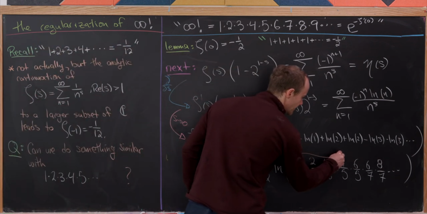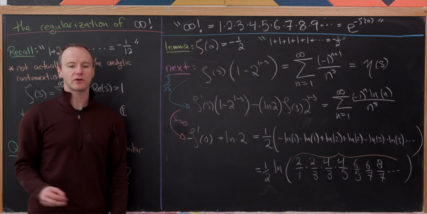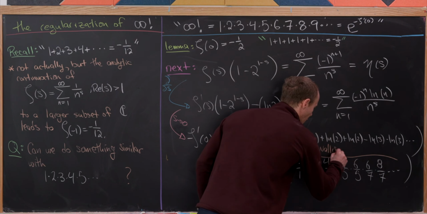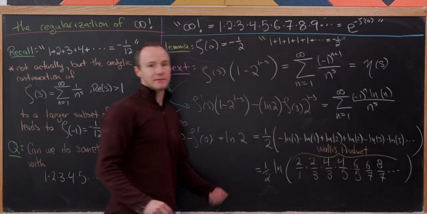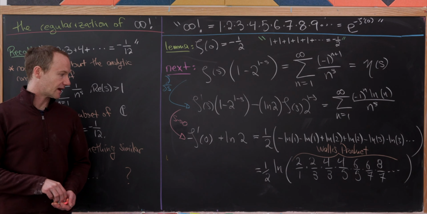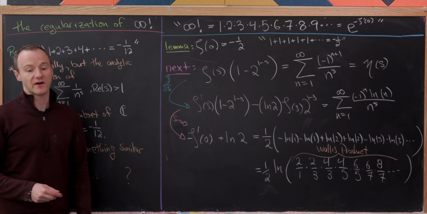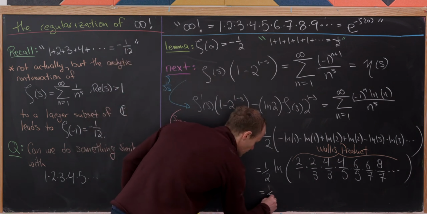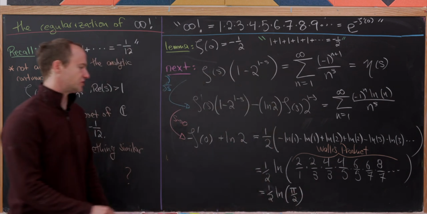In fact, we made a video on this product on the channel before, and it's a typical calculus type homework problem. This is in fact known as the Wallis product. It's named after the mathematician Wallis, and it has a product evaluated to pi over 2. So this is going to end up giving us 1/2 natural log of pi over 2.